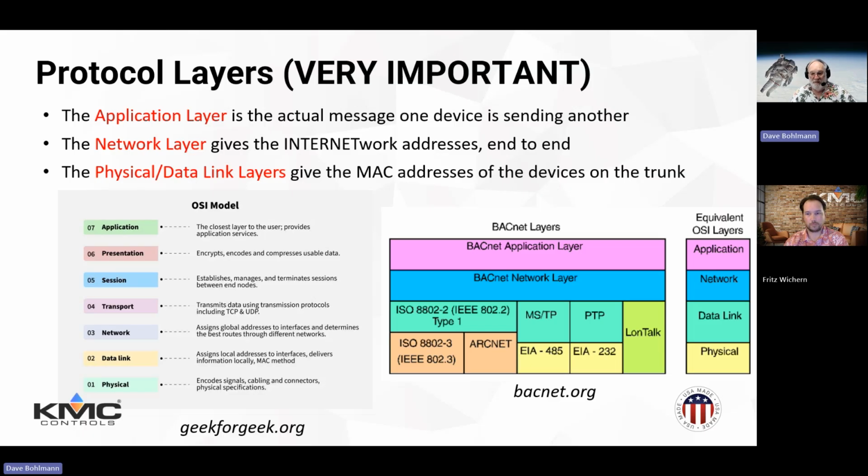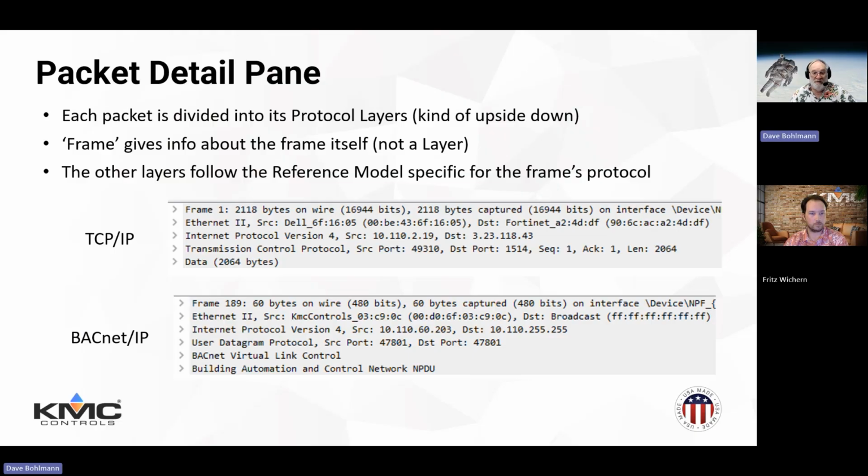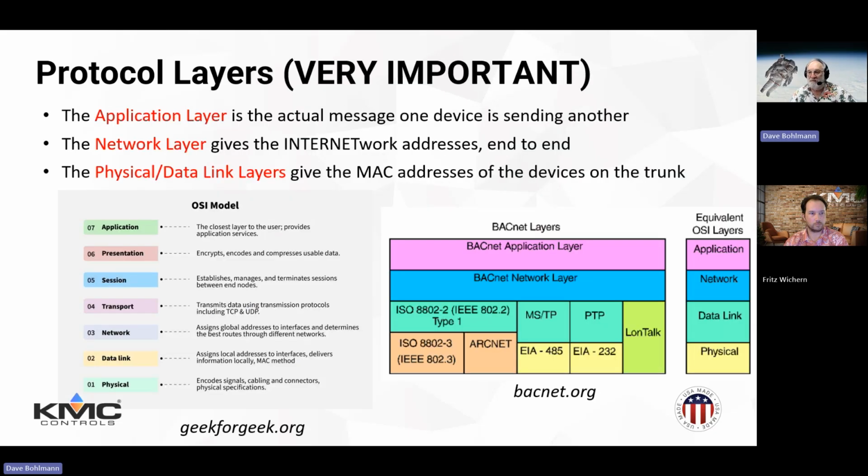But again, those layers get reflected here. It's just that in your list here, the layers are upside down compared to what we normally draw over here. But it does help at times to figure out what's going on if you pay attention to what's happening in each layer, to help diagnose your ultimate problem.